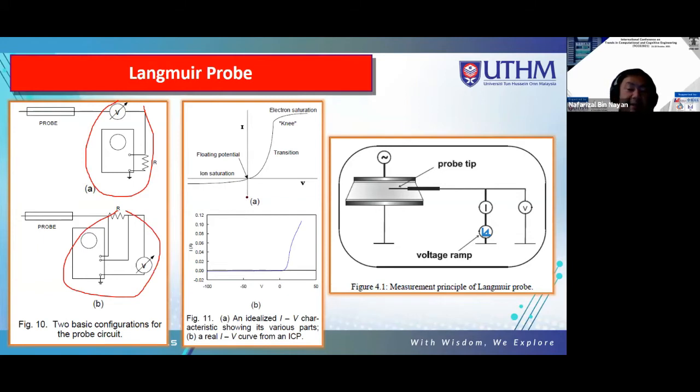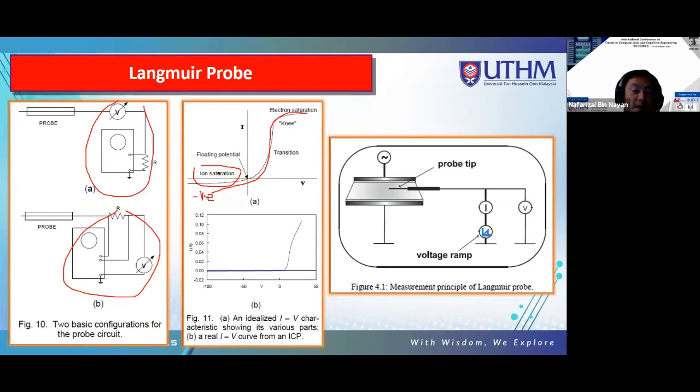But the most basic one, what we can have is a curve, something like this. So this is the ideal IV characteristic showing its various parts. On the left, we can understand the ion saturation, because the voltage that we supply here is a negative voltage.